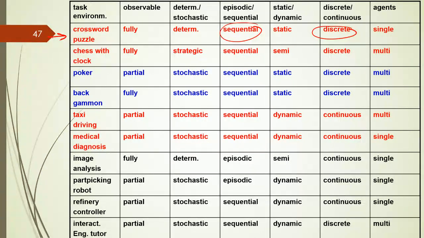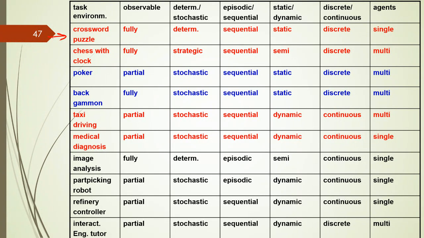In a crossword, it does. When I choose a set of letters, I restrict my next decisions to those letters, because these crosswords are connected to each other. But discrete versus continuous is discrete. You find word by word or letter by letter, and it's single agent. You are not playing against anyone else.